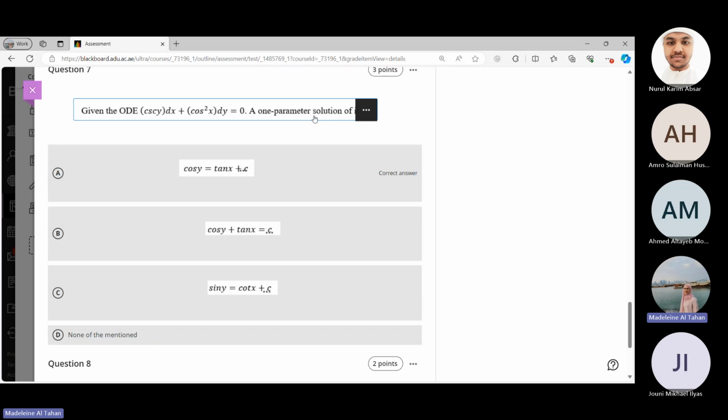This is a separable differential equation, right? Okay, can you put the x on one side and the y on the other side? Please do it, miss.